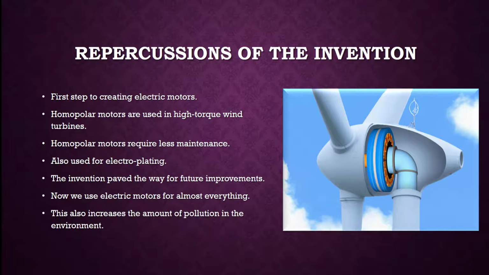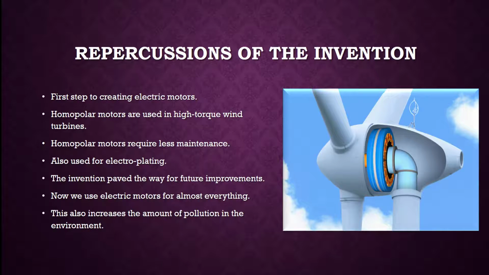We now use electric motors for pretty much everything. You can see them all over the place: all robotics, electronics, cars even, and energy generation devices. It also increases the amount of pollution in the environment. That's just because this is talking about the old one with the mercury in it, because the mercury was actually toxic, as many of you know, and so putting mercury into certain sections of the environment that it wouldn't have occurred in naturally.